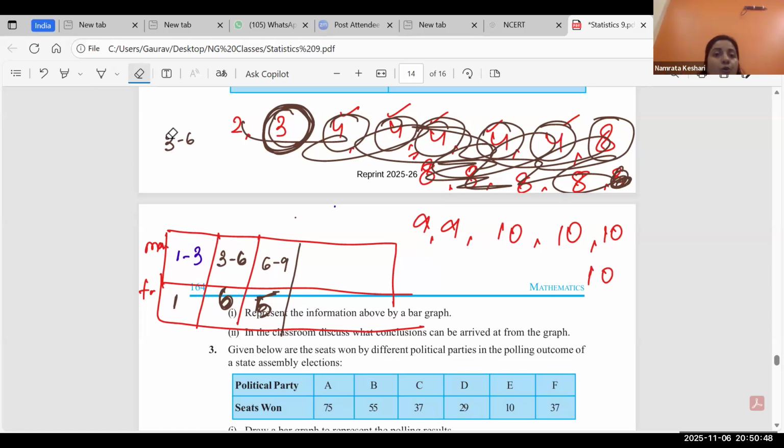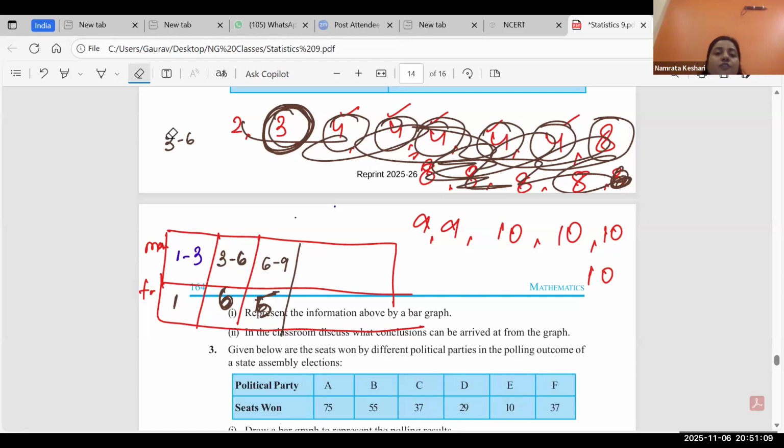If this is not known to you at all and just this table is given in front of you, will you be able to say which data is repeating itself maximum number of times? Yes or no? No, ma'am.